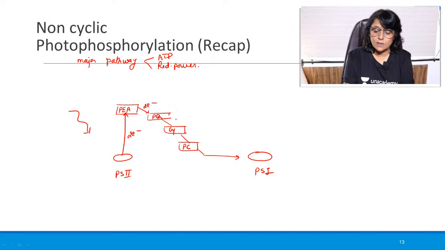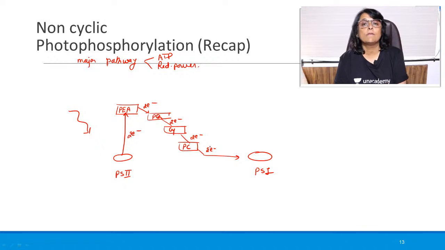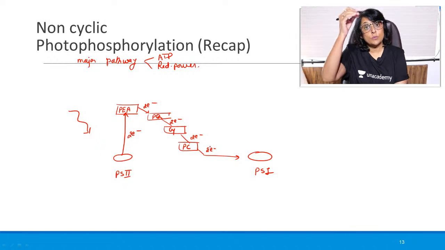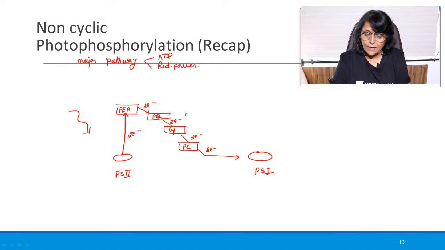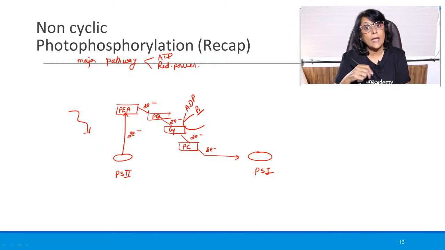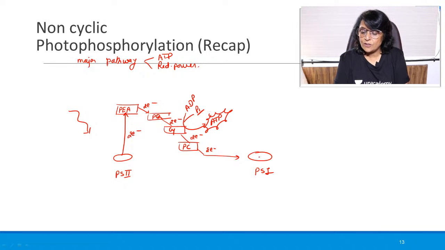So here there is this pair of electrons which is moving from higher energy level to lower. Now when it is moving down the gradient, at one place, that is at cytochrome, it releases that extra energy, and that energy is used to add inorganic phosphate to adenosine diphosphate, and that is how ATP is synthesized, and the electron has come to PS1.